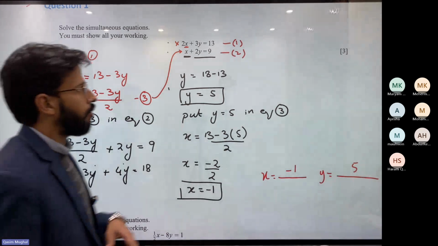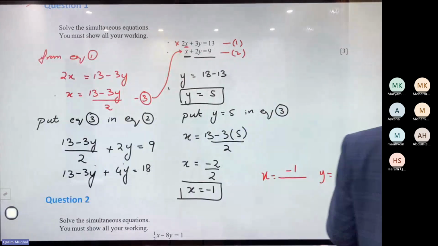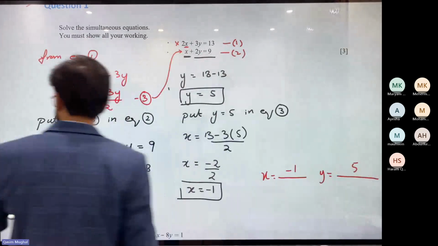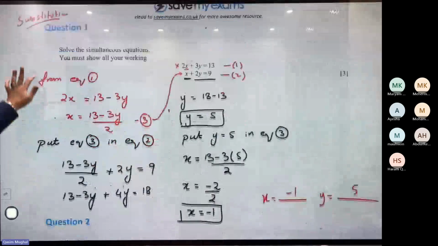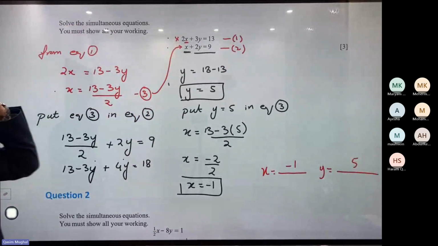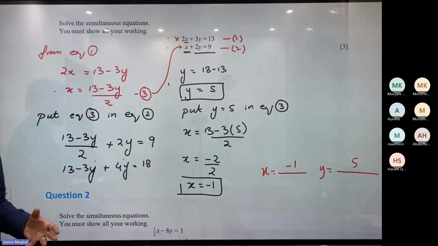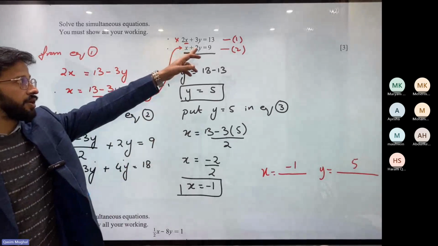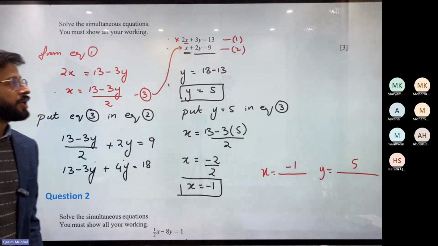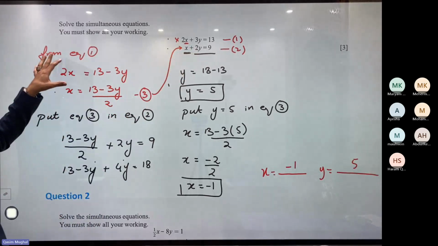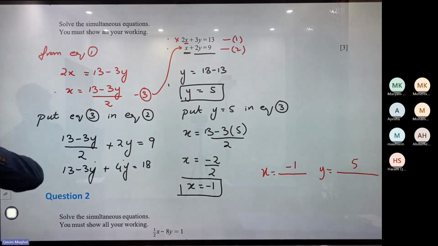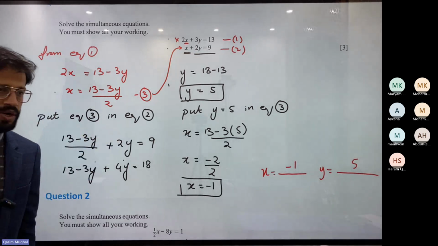Okay, now talking about the smart choice. Although you have the liberty to go for any equation, any variable. Now remember the process. Once you practice this, you know the process. We know that whatever equation we choose and whatever variable we choose, we need to make that variable the subject of that equation.